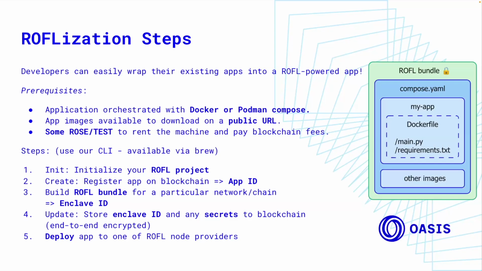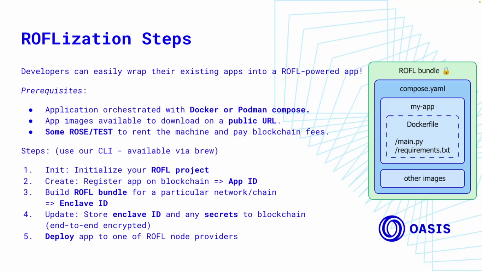We also have a website, but in general, as a developer, I recommend using the CLI. In the CLI, you have more or less five steps to get it running. The first one is the init command, which just generates a YAML file in your folder.